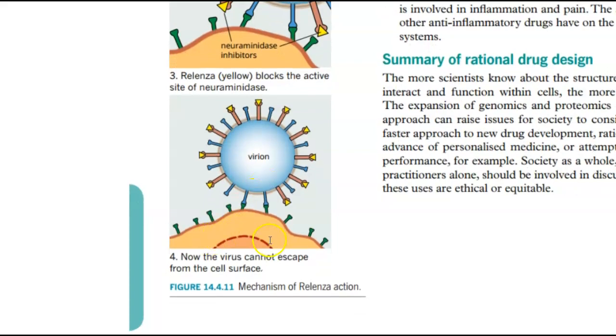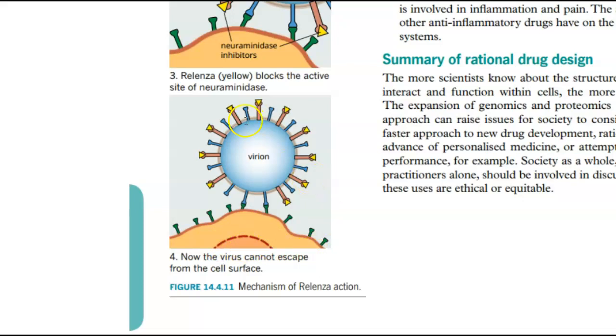So we've now got one infected cell, but we won't have all those other cells being infected by the same virus because it can't detach itself now. The function of that neuraminidase is suppressed, and the virus can't release itself from the host cell. So we end up with a case of one host cell being infected.